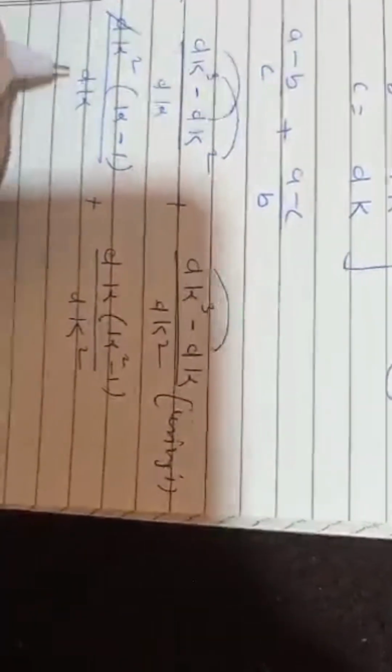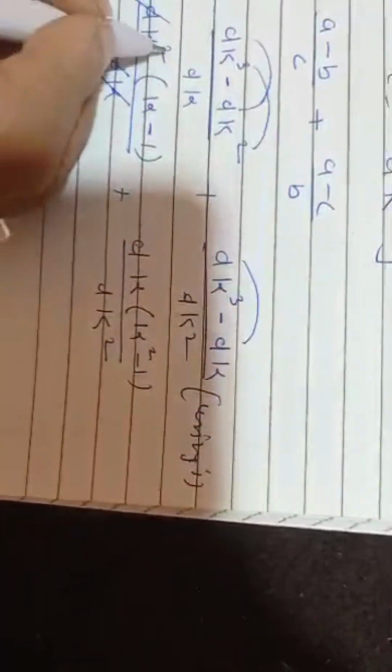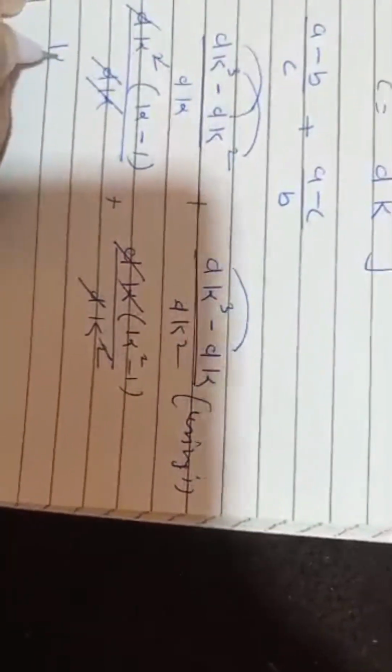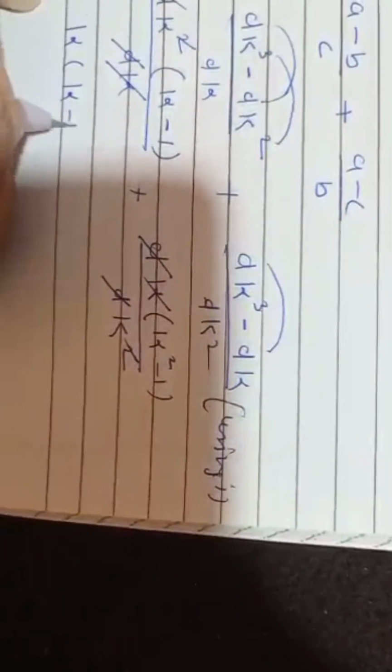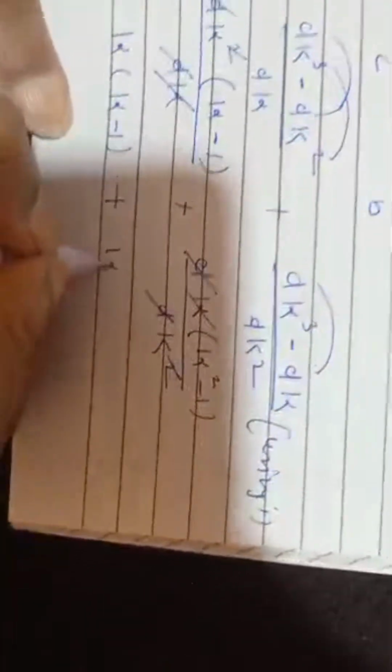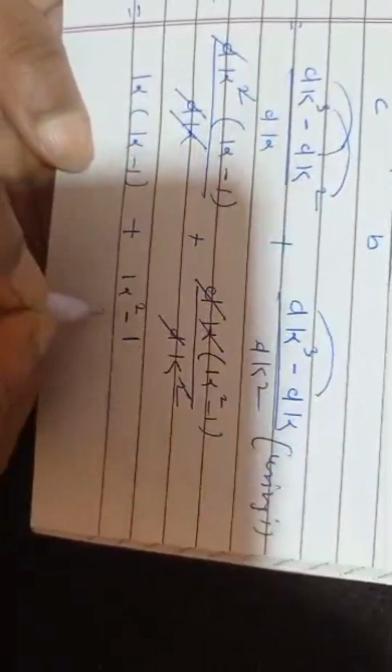Now this D cancels this D, this K cancels this power, and this D cancels this, and this K cancels this power, right? Now this is K into K minus 1 plus K square minus 1 upon K.